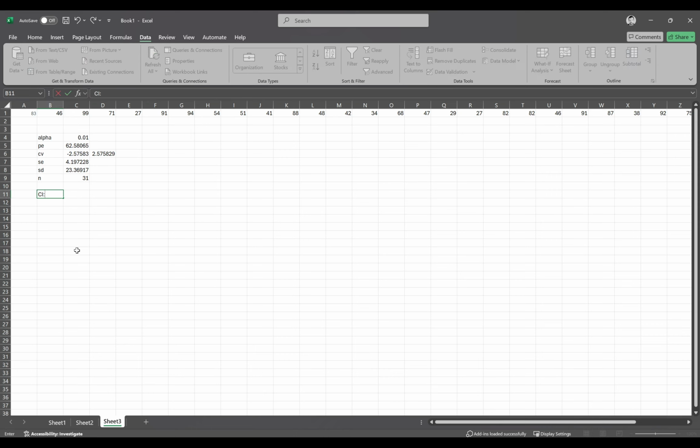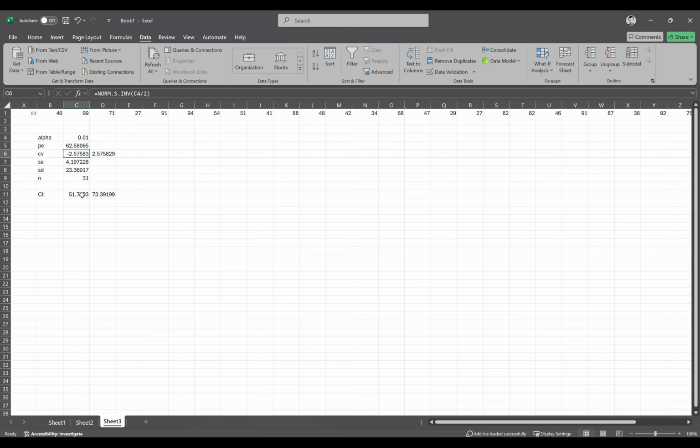I need my point estimate minus the critical value times the standard error, but we're generating a negative critical value, so it's plus the negative critical value. If you wanted to, you could do minus the positive critical value, but it's usually easiest to just do plus the negative for the low one and plus the positive for the upper one.